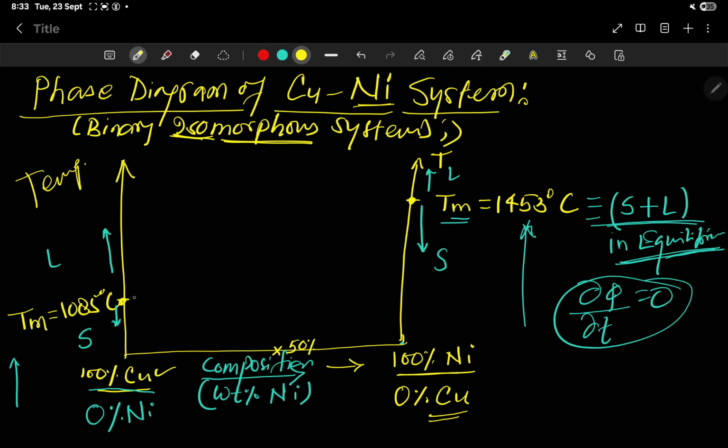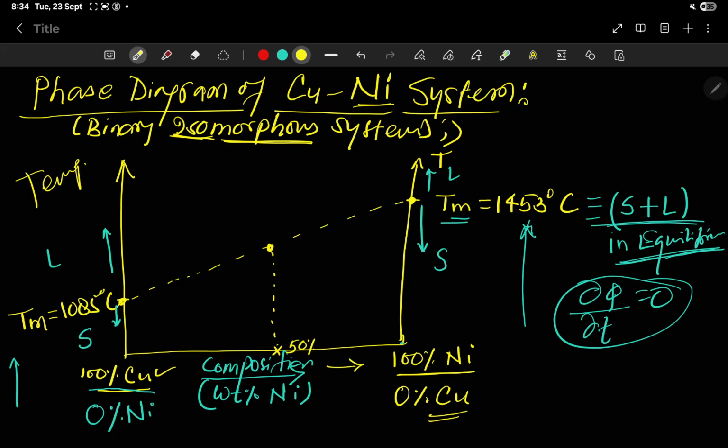Let's try to connect with this dotted line. Right, so from interpolation we will get this point.